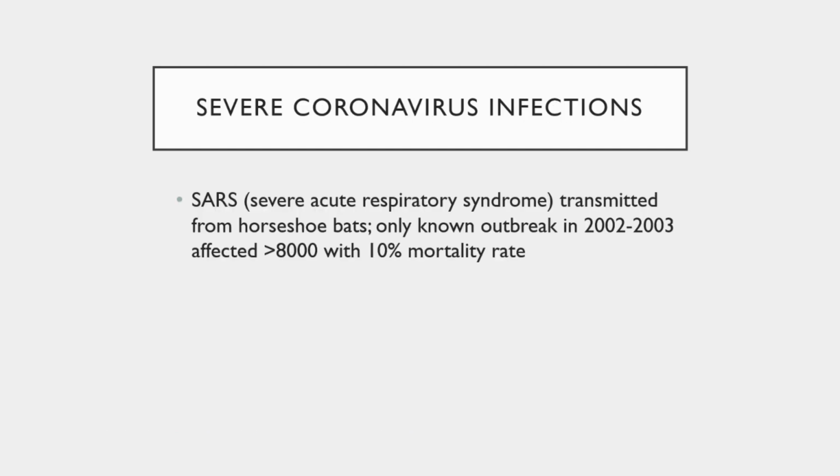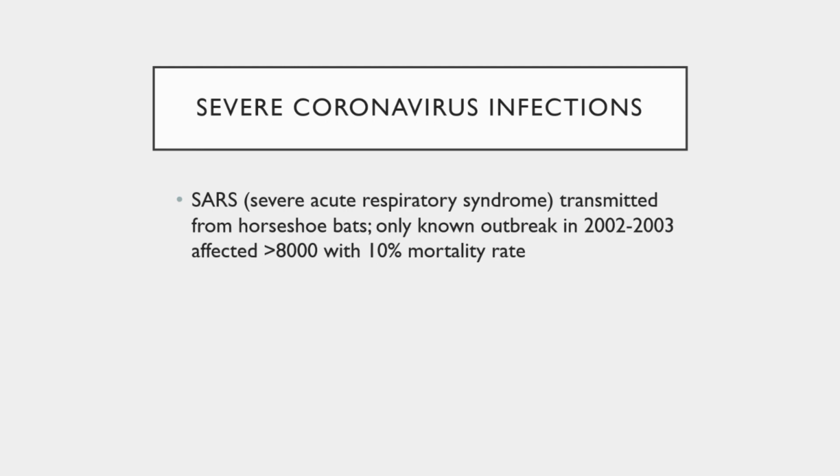SARS, or Severe Acute Respiratory Syndrome, is thought to have been transmitted from horseshoe bats to humans. So it's a zoonotic disease that made the jump from an animal host to a human host. The only known outbreak of SARS occurred in 2002 to 2003 in China. At that time, it infected over 8,000 people and exhibited a 10% mortality rate.